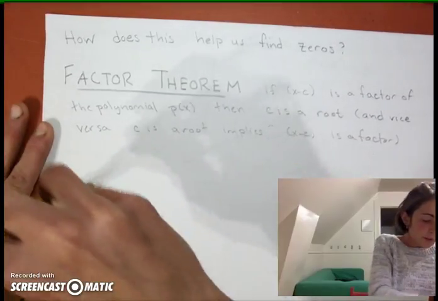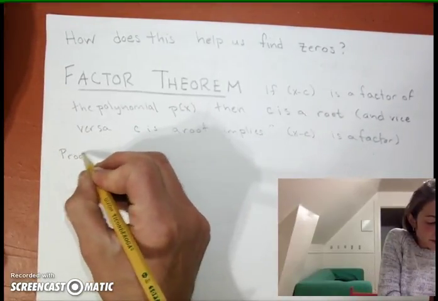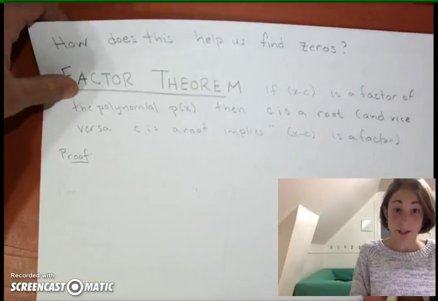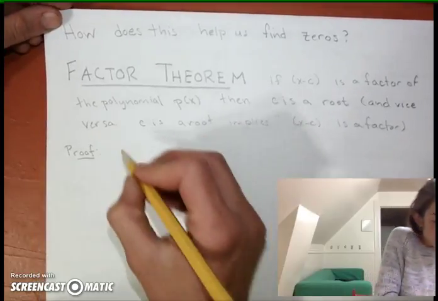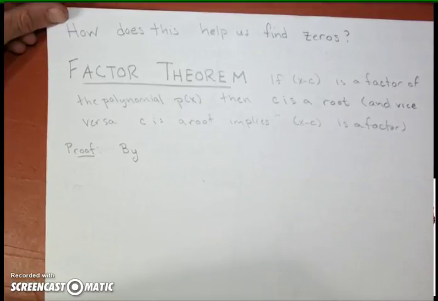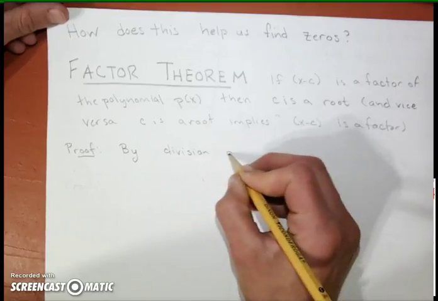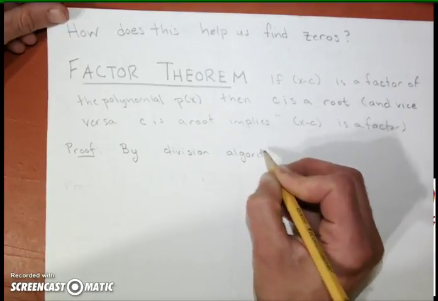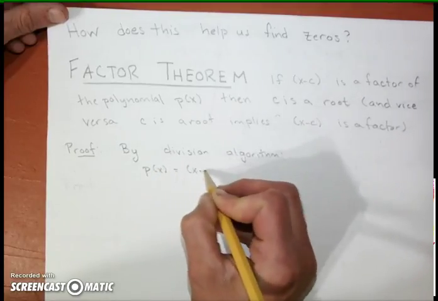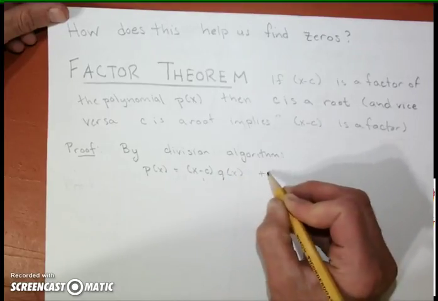So I want to show you the proof of this just to convince you that it's true. I won't test you on the proof, so if it just confuses you more, you can skip through this section, but make sure you watch the example at the end. So here's why we've got this theorem. By the division algorithm, we can write p of x as x minus c times something plus r.